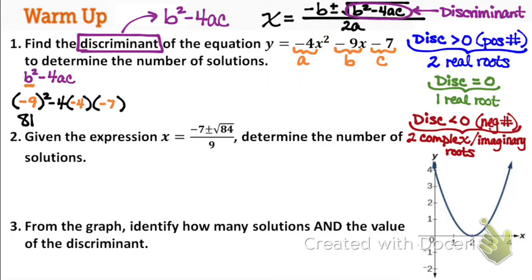Then I have to multiply these pieces together. What's -4 times -4? 16. What's 16 times -7? -112.